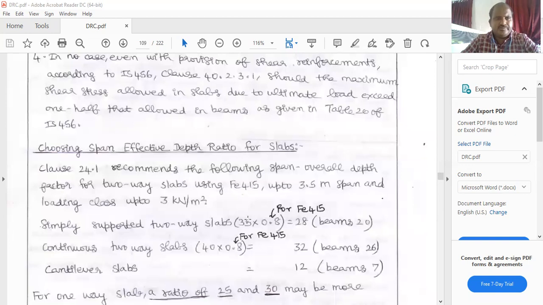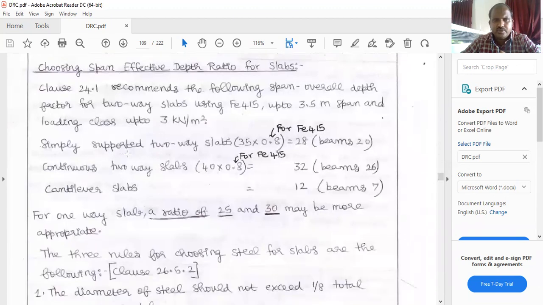For choosing the span to effective depth ratio for slabs, Clause 24.1 recommends the following span to overall depth factors for a two-way slab, using Fe 415 up to 3.5 meter span and a loading class up to 3 kilonewton per meter square.